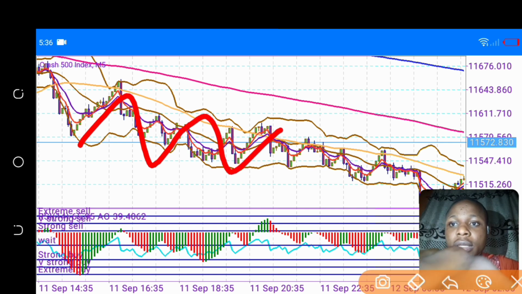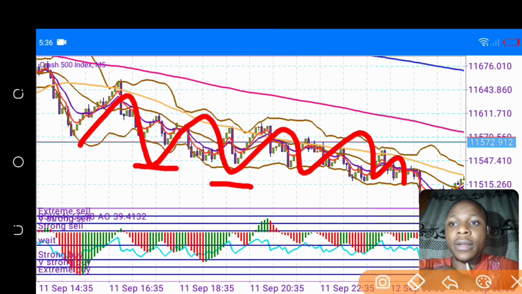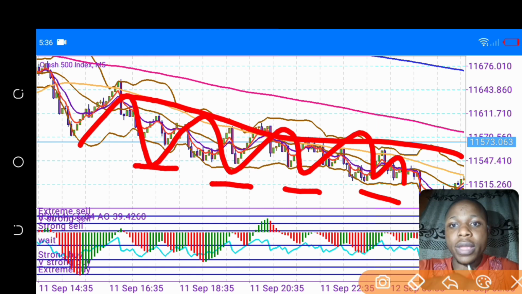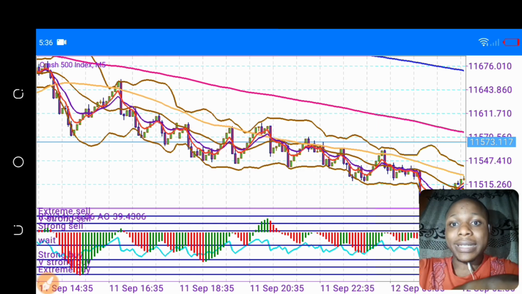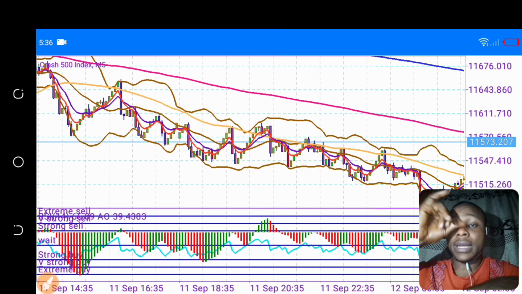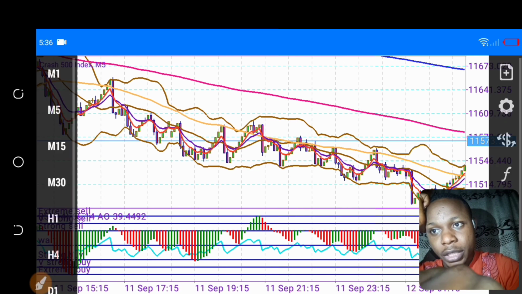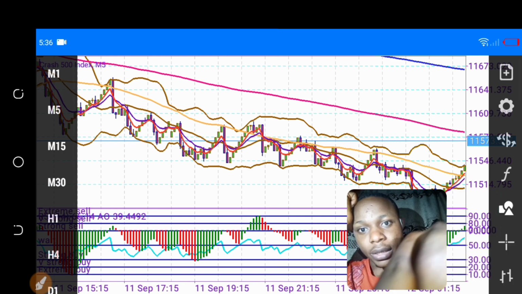This is an example of a swinging downtrend. It is swinging and it is gaining lower levels. So here you use trend lines. Trend lines are very essential over here.